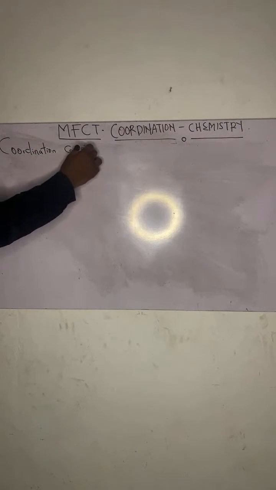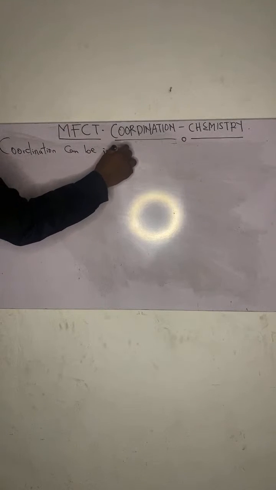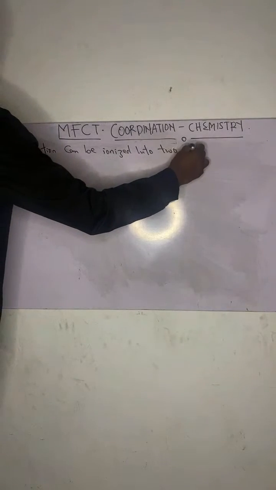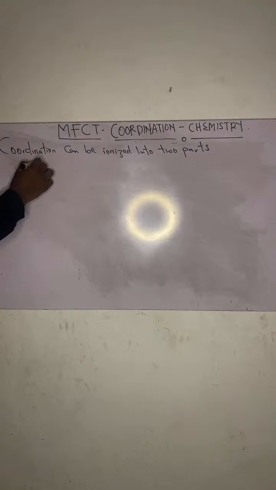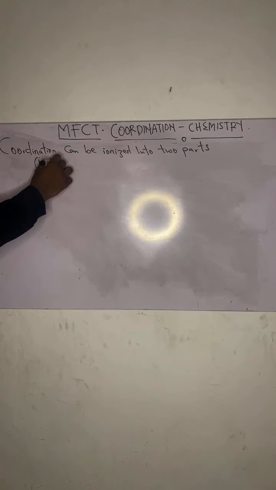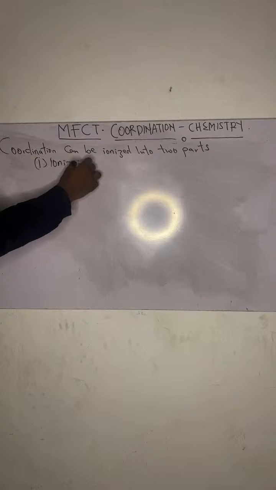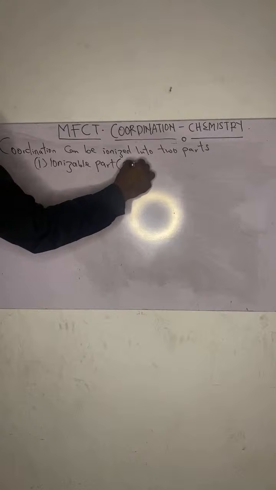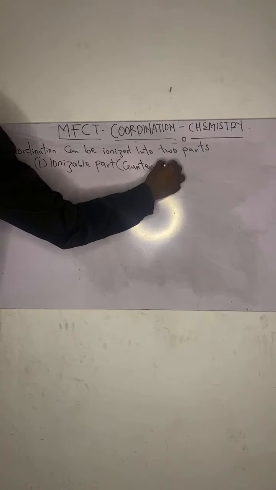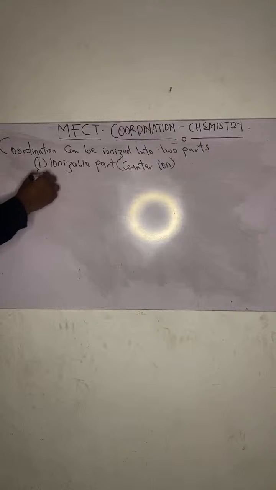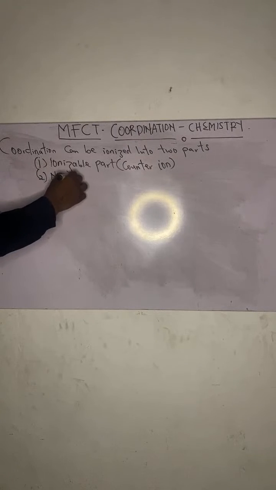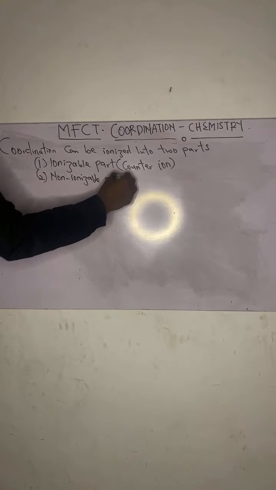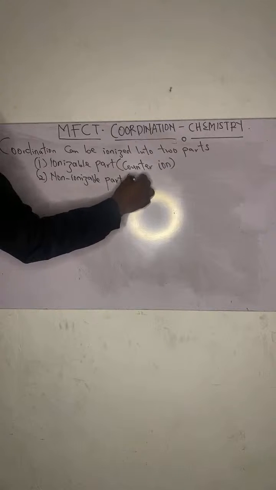The first part is the ionizable part, which is referred to as a counter ion. Number 2 is the non-ionizable part, which is the coordination sphere.